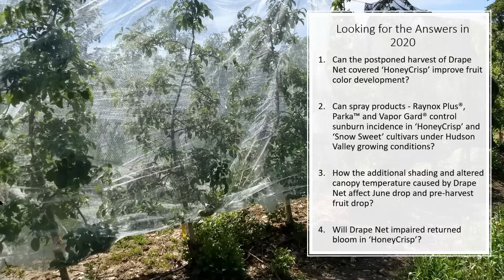And finally, we tested if drape net can impair return bloom in Honeycrisp. However, since we are still working on data collection for this part of the experiment, I will not present the results at this point.